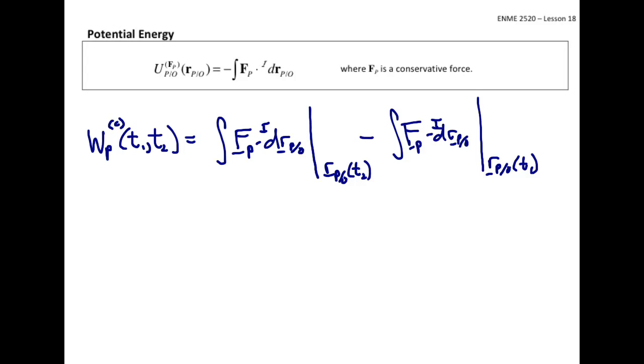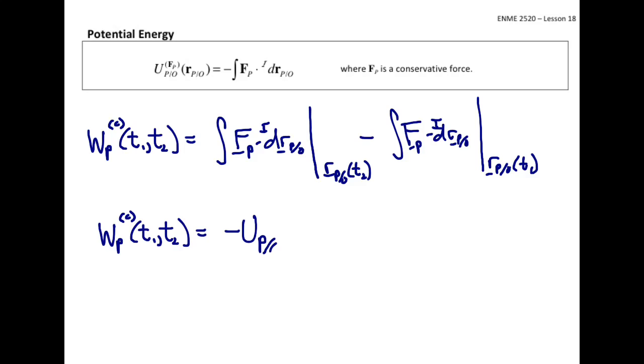So here's our expression from before, and let's insert into this the potential energy at time 1 and time 2. For our first term, evaluated at time 2, we get the negative potential energy, because we have a negative sign in front of it.